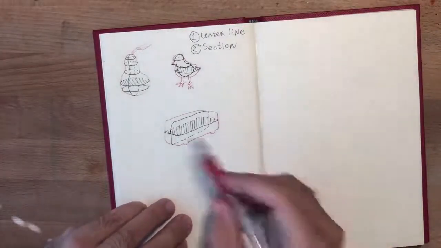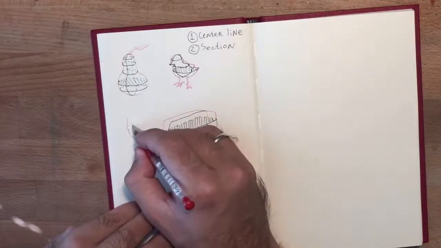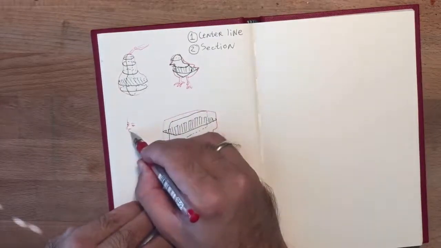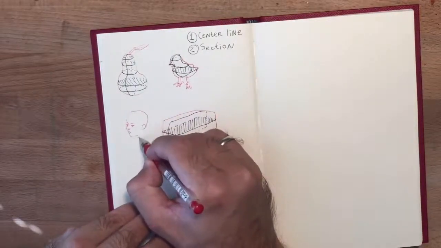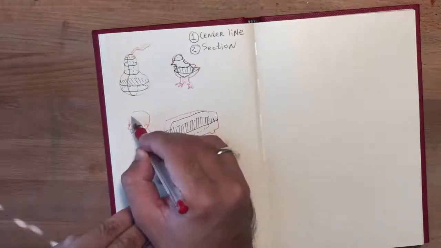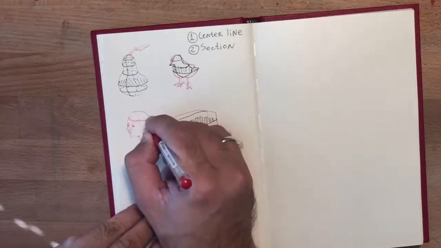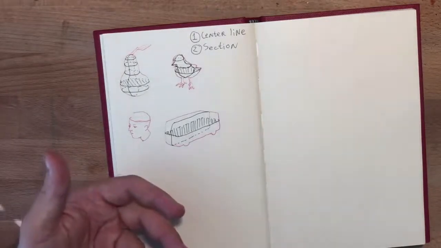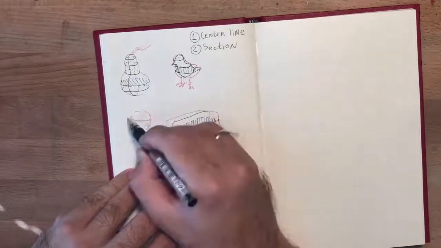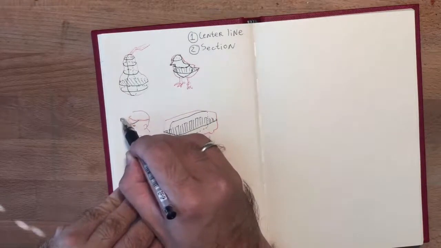So let's say also for a head, if we make this section line on the head, you need to know this section when you want to draw a head or any kind of haircut. Let's draw this cap, right?